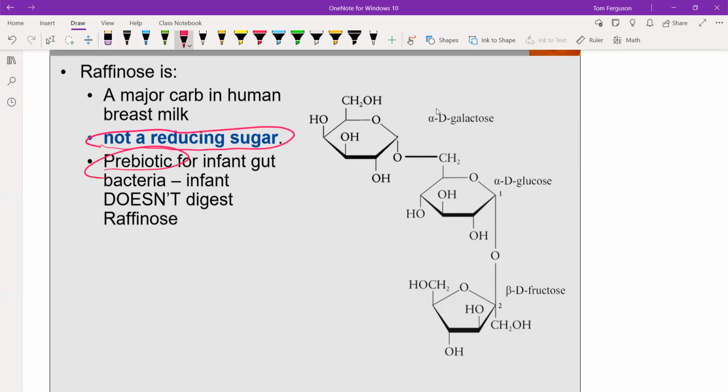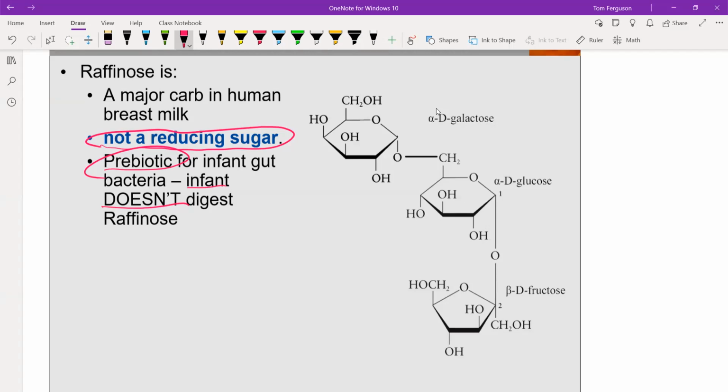Prebiotic means it's food for bacteria that live in your gut. Probiotics is a name that's associated with the bacteria in your gut, also referred to as the microbiome. So the infant does not ingest the raffinose. It does not go through carbohydrate metabolism.